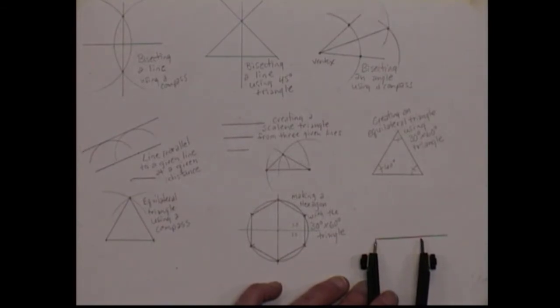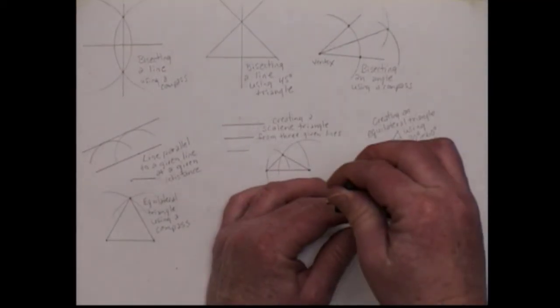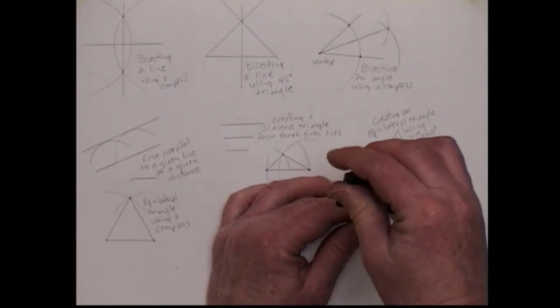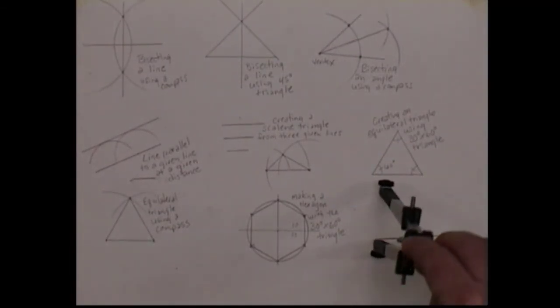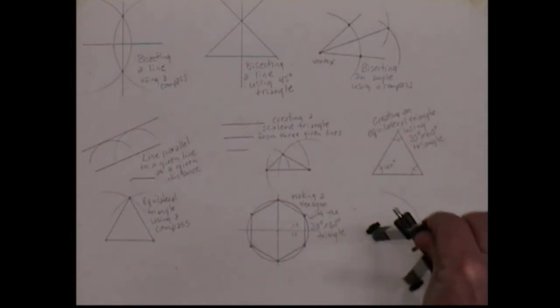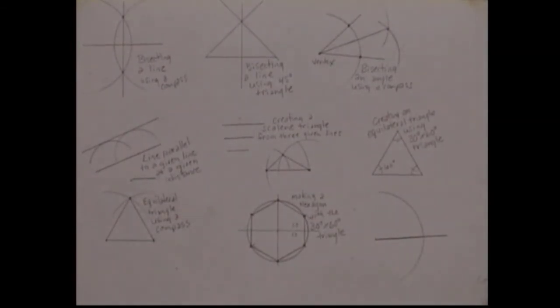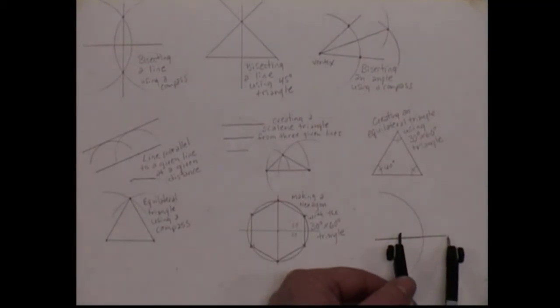You're going to take your compass and wheel it out a little bit past halfway. And once you get your compass set, remember you want to keep it at that same radius, so don't move your wheel. We want to go ahead and put an arc with our needle on this end point. And we're going to strike an arc. And then we're just flipping our compass over using that same radius.